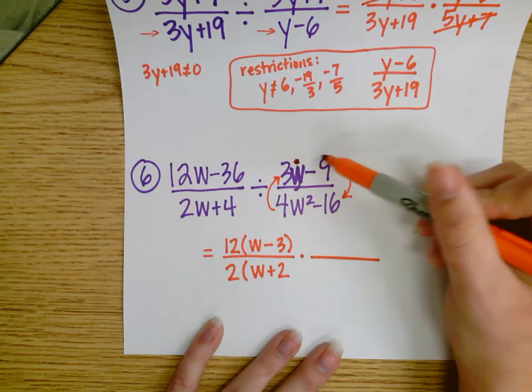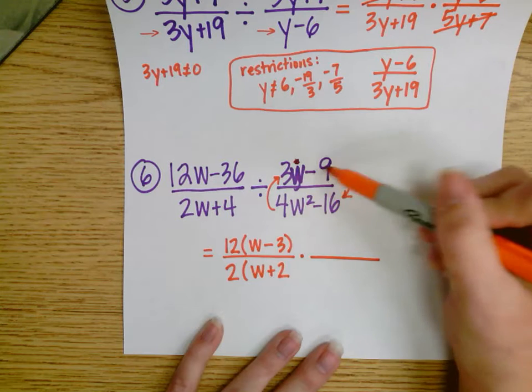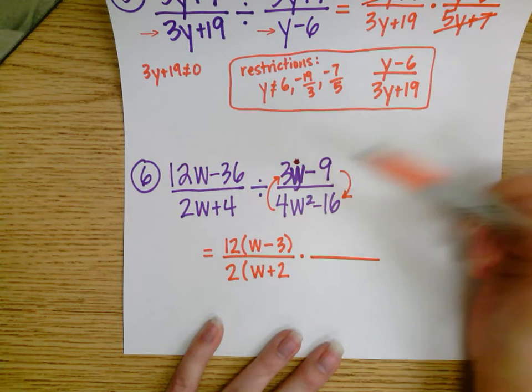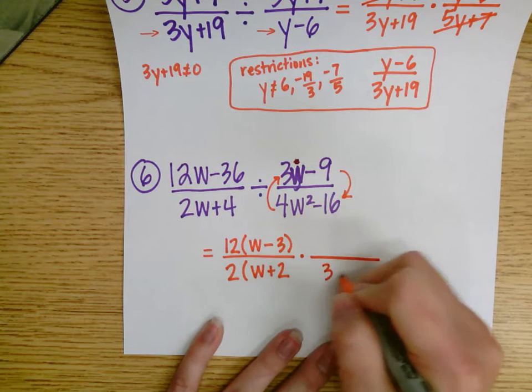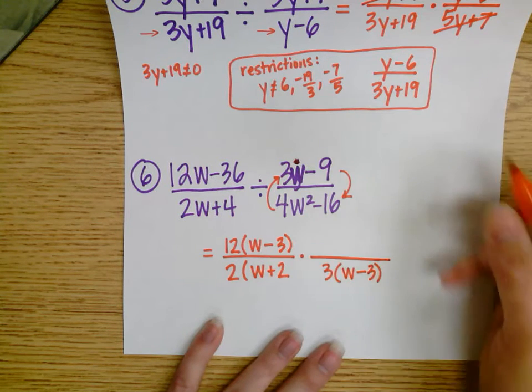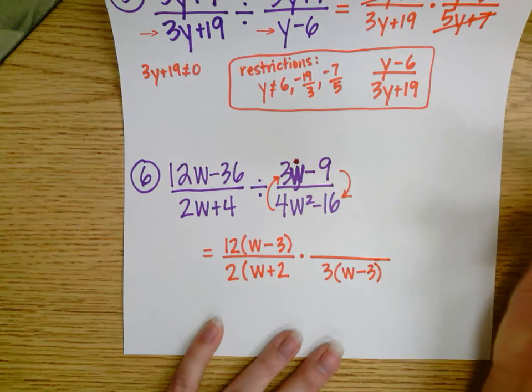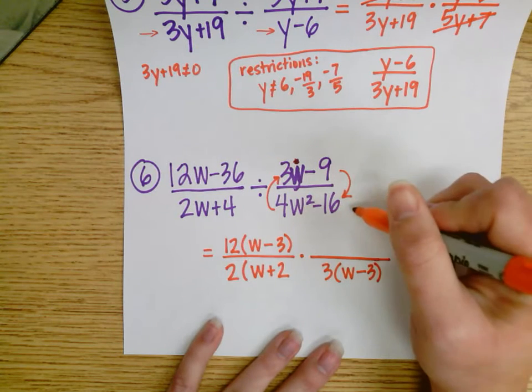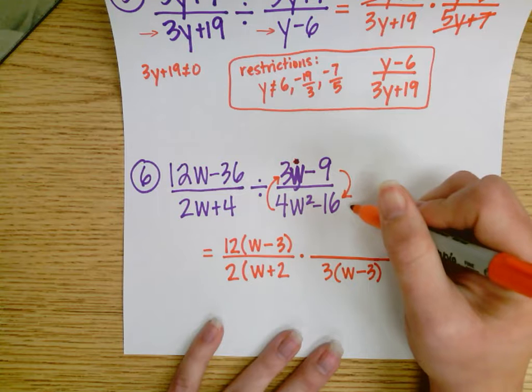So when I move that down to the denominator, I'm going to factor out a greatest common factor of 3: 3w minus 3, but it's in the denominator because I am moving it. Now here, this one's going to need more than a greatest common factor.